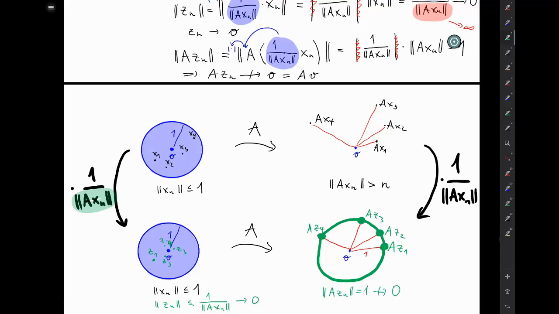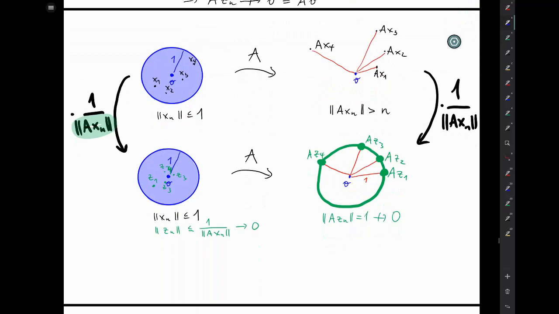Okay, well, summarizing, our sequence zn converges to the 0 vector in X, but its images under A, which is the sequence Azn, does not converge to the 0 vector in Y, but it should if A were a continuous operator, because this 0 here is just A applied to the other 0 over here.